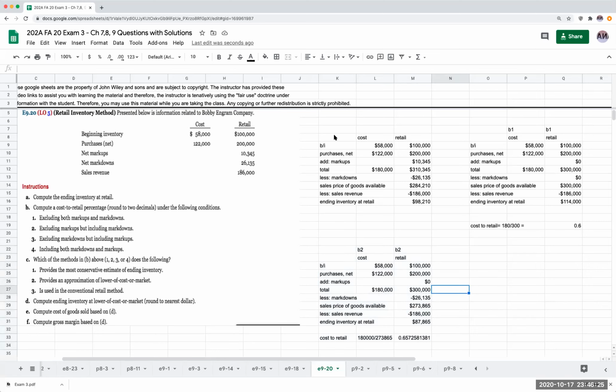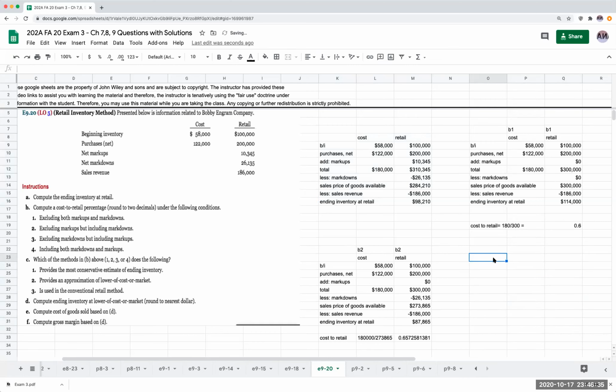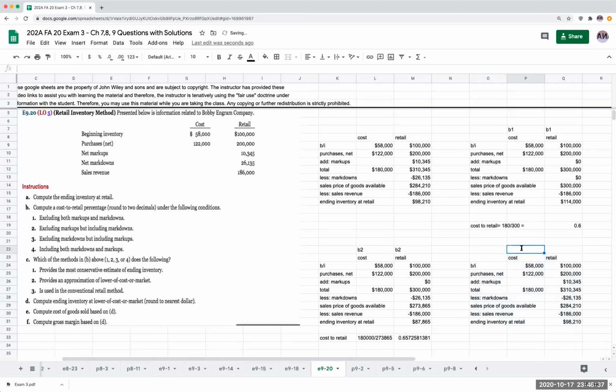Okay, so for the next one, let's see what it's asking us for. B3 is excluding markdowns but including markups.